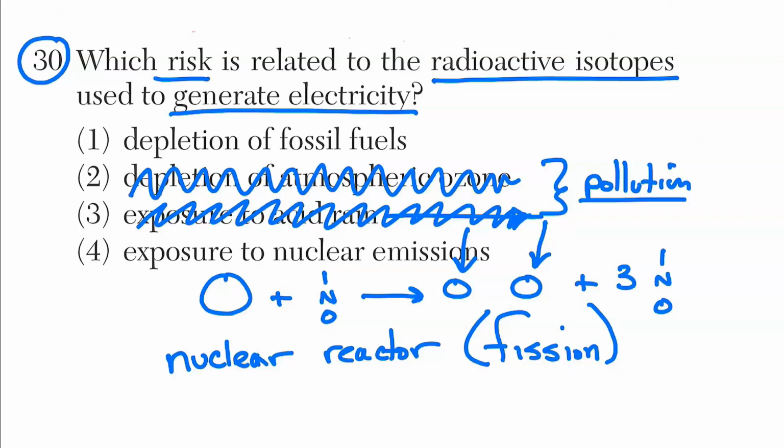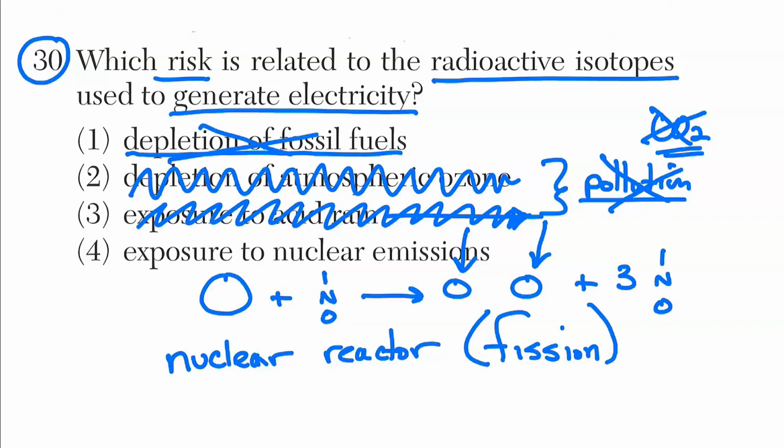That's the one thing they don't do, is they don't give off any pollution, or any CO2 for that matter. So they're not giving off any greenhouse gases. Okay, that's a positive. And they don't contribute to depletion of fossil fuels because you're not using any.